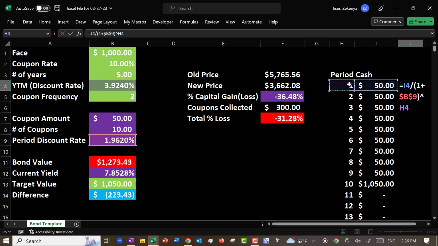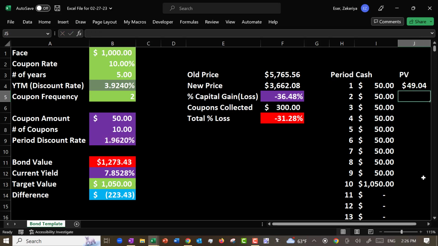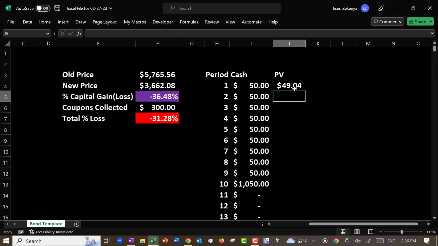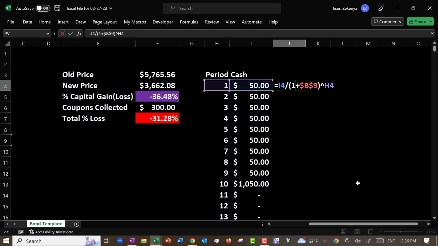That's the period discount rate, not yield to maturity itself. Not surprisingly, anything after the 10th period is zero.